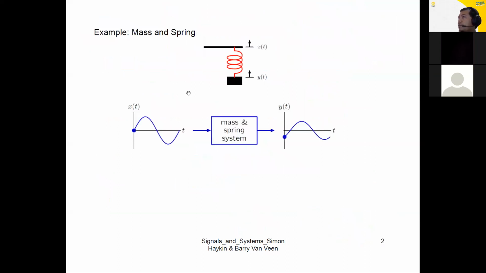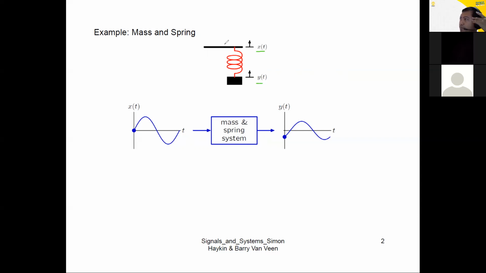This is the mass and spring system. For example, we can identify the input, for example this one, and the output is y(t).